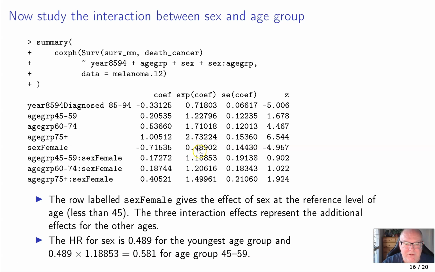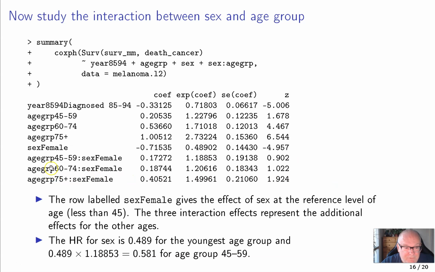Here's the hazard ratio here, 0.49. Well, this is the effect of sex, but for the reference age group. And the reference age group is less than 45. If we want the effect of sex for the other age groups, well, we multiply it by the respective interaction term.